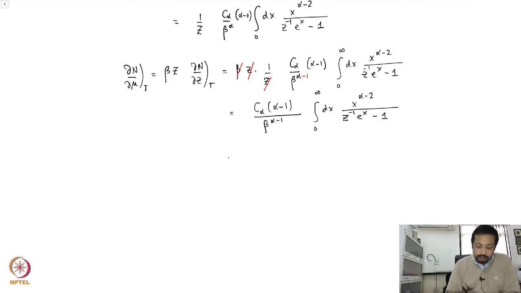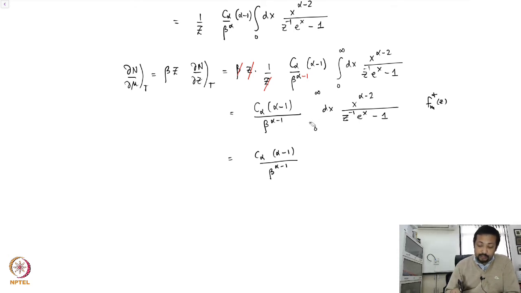So this expression now I can write down as C alpha, alpha minus 1, beta raised to the power alpha minus 1, and I see that I can write this in terms of the integrals f of alpha minus 1 plus of z, by identifying the fact that I have a missing 1 over alpha minus 2 factorial over here.